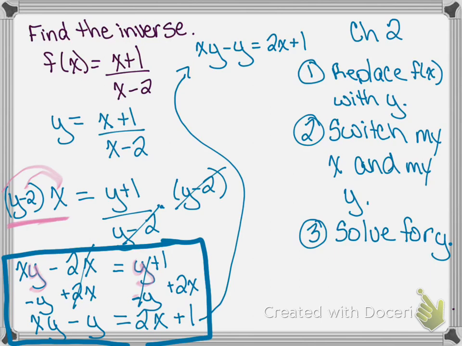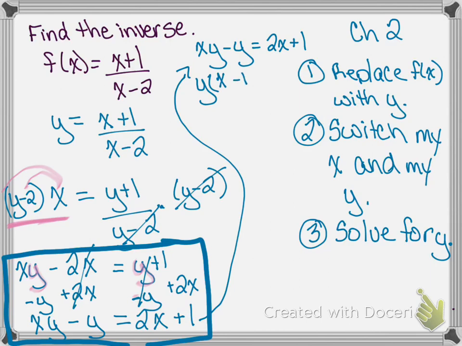Now, I have to get the y completely by itself. So I've got to use the distributive property in order to do that. So I am pulling the y out. And when I pull the y out, what am I left with? Y times what gives me x times y? Good.